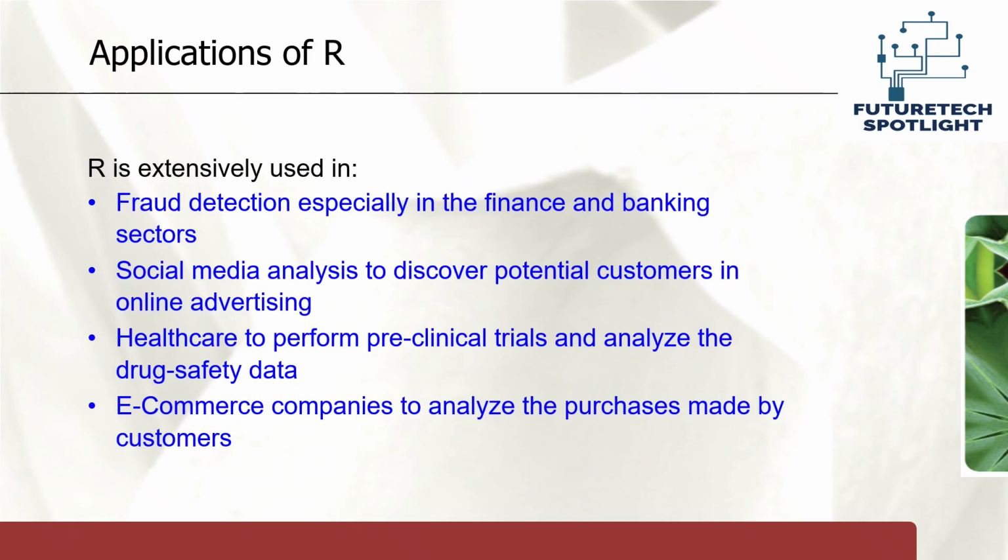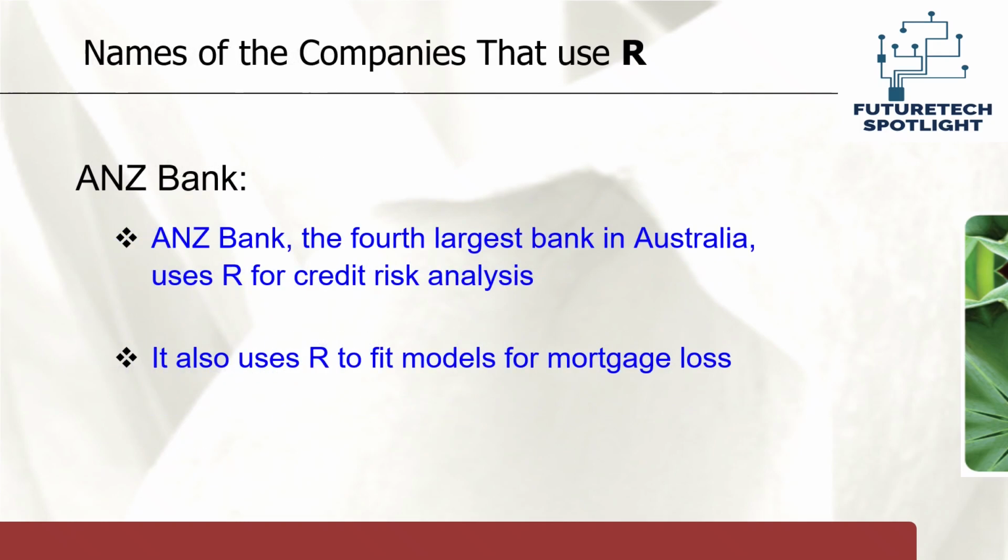Now if we want to see what type of companies are using R in their different domains, then we can see these names of companies. ANZ Bank, the fourth largest bank in Australia, uses R programming for credit risk analysis.